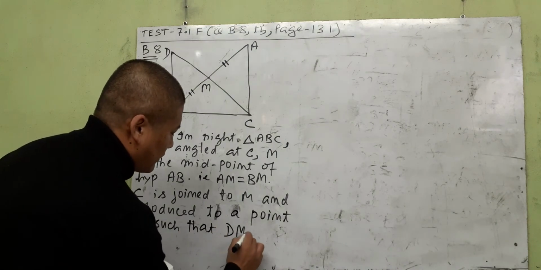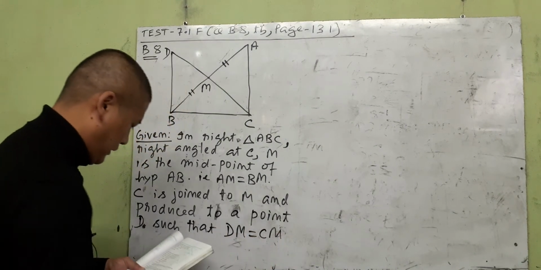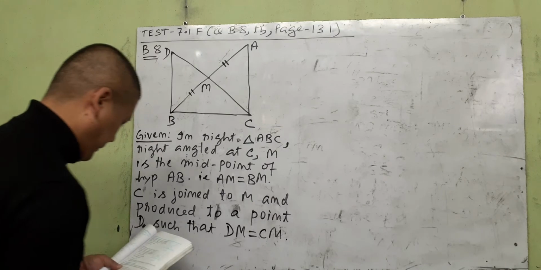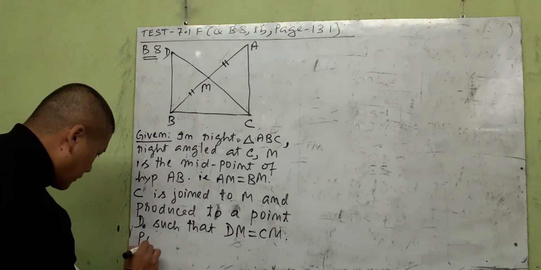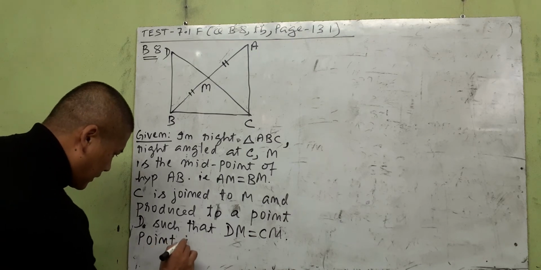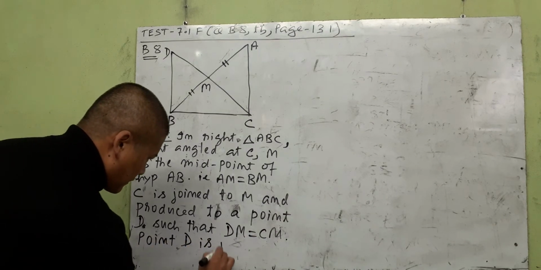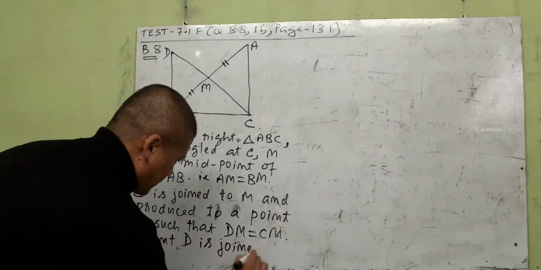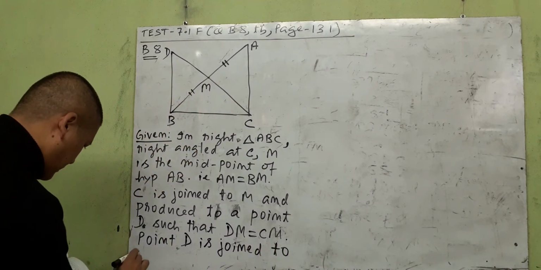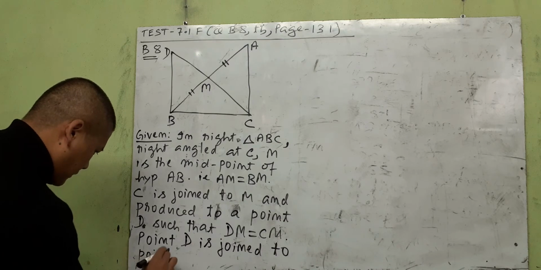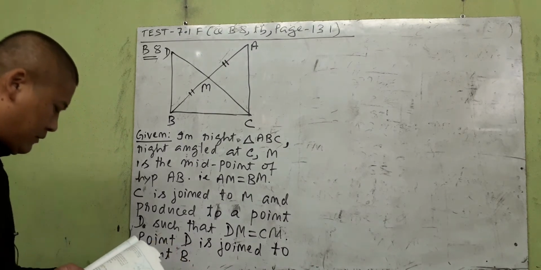The line DM equal to CM, that's given. Stop. Point D is finally joined to B, so we can write there point D is joined to point B. So that is given to us.